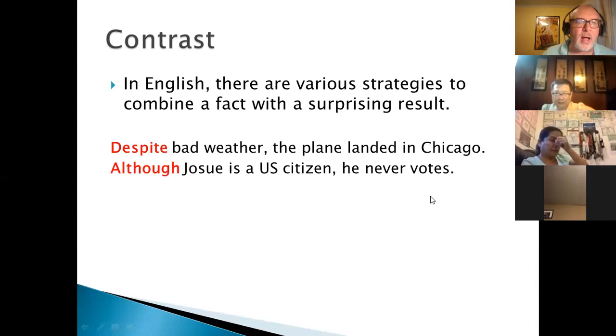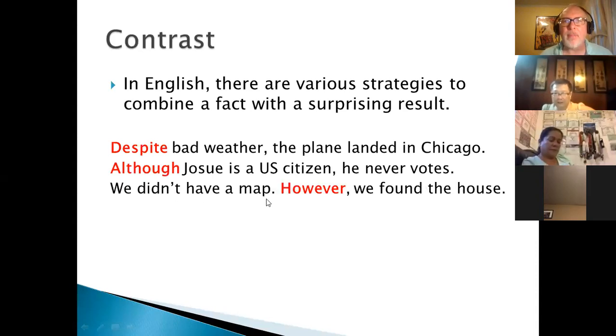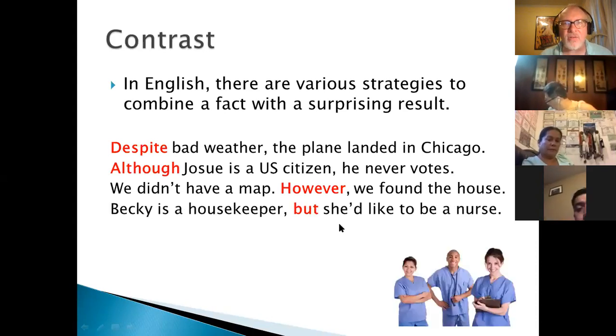Again, a little bit unexpected. We didn't have a map. However, we found the house. Sin embargo, however. Becky is a housekeeper, but she would like to be a nurse. Despite, although, however, but, these are contrast connectors, and each one is a little bit different.